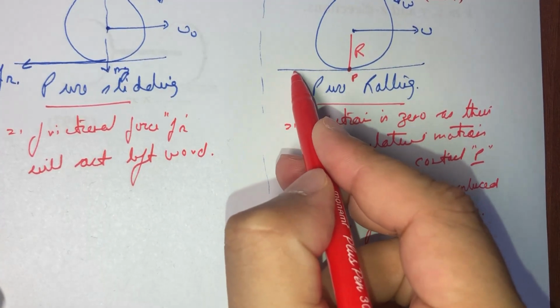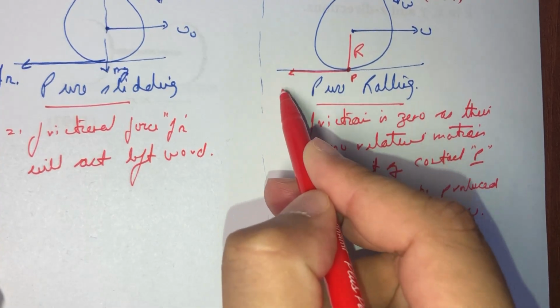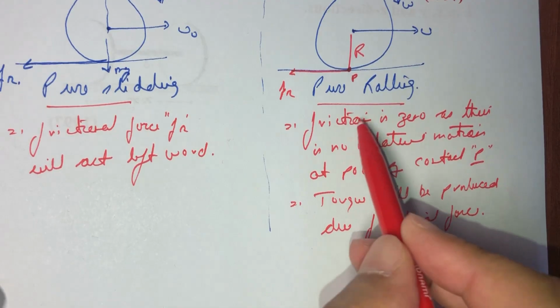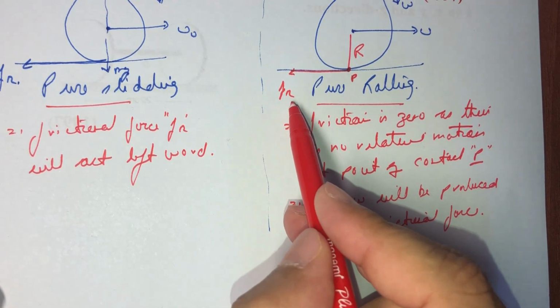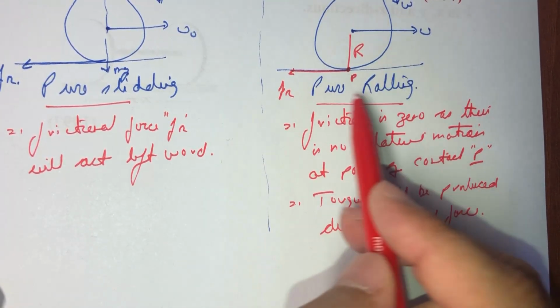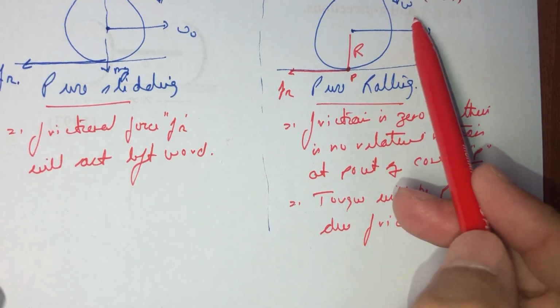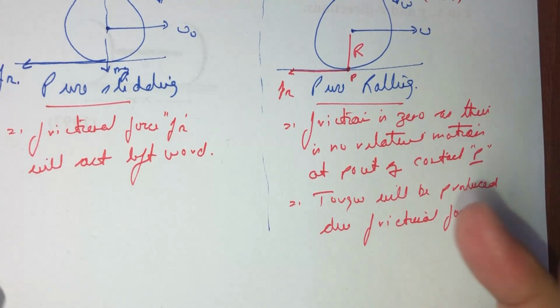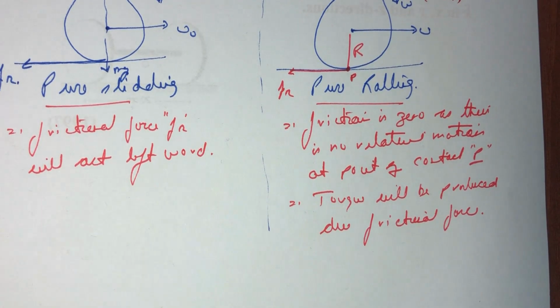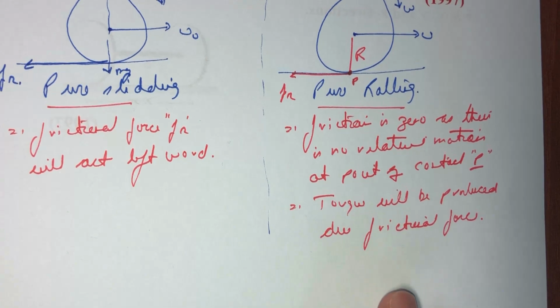So in the opposite direction, this will be the force. Now in the pure rolling case, this Fr is the force which will be generating the torque with the angular velocity omega, or we can say with the angular acceleration alpha. Okay. So let us consider one by one.